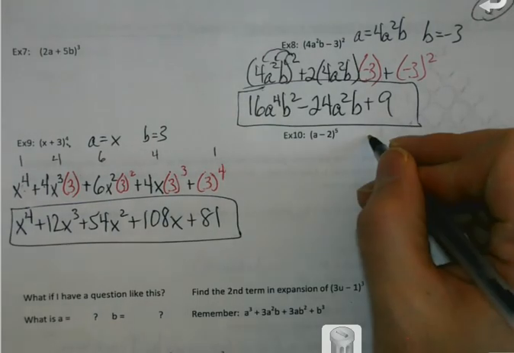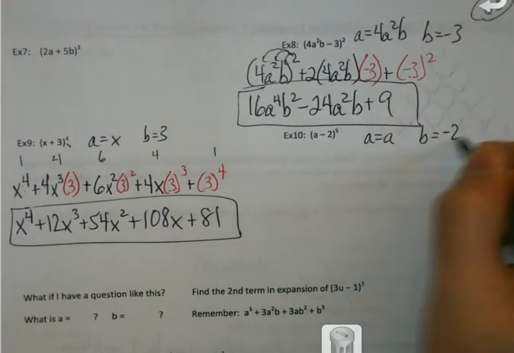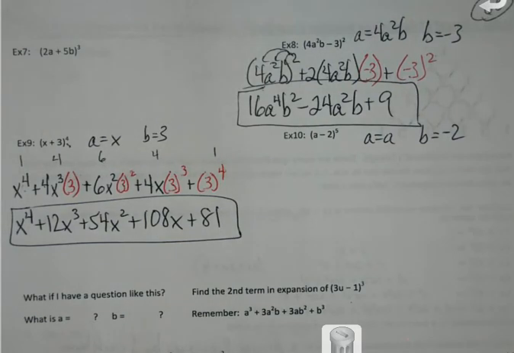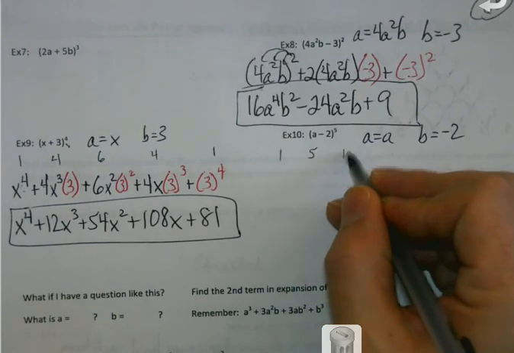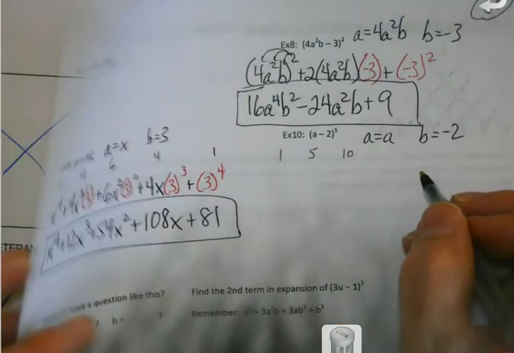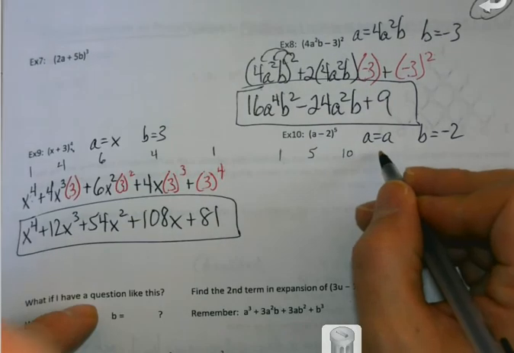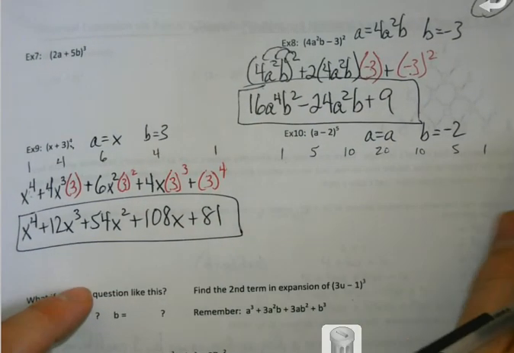So the fifth, oh my goodness, a is itself, b is -2. Okay, my pattern. See how good I am at remembering this. 1, 5, 10, 15, yes, no, 20, 10, 5, 1.